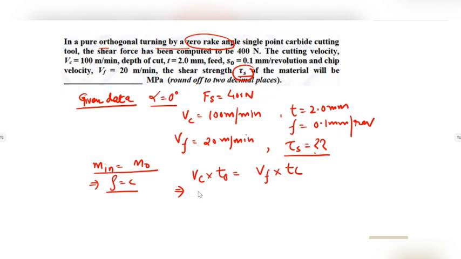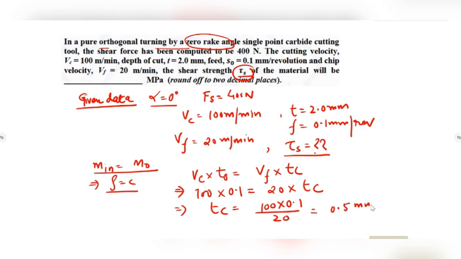Therefore, cutting velocity is 100 meter per minute into t0, the uncut chip thickness, which will be equal to the feed. So feed in this case is 0.1, velocity Vf is 20 into chip thickness. So from this relation we can determine the thickness of chip as 100 into 0.1 divided by 20, so this will be equal to 0.5 mm.